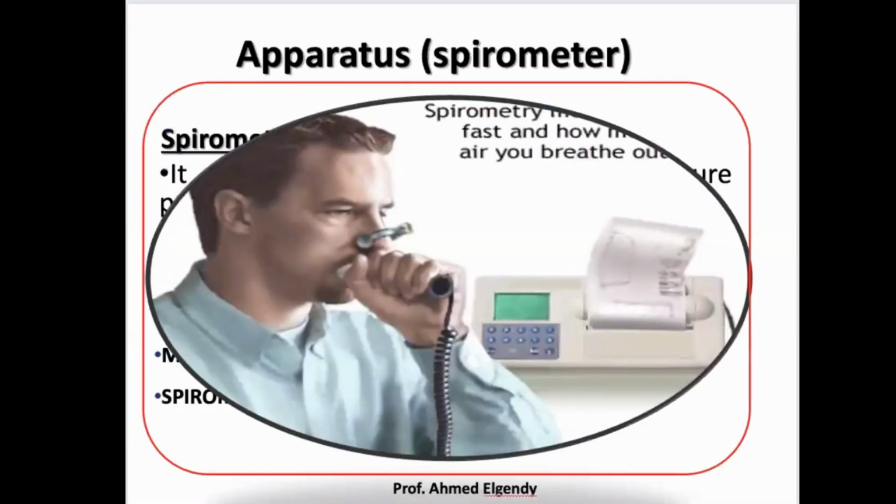So what is the apparatus for doing the pulmonary function test? It's called a spirometer, and this process is called spirometry. There are many other pulmonary function tests, but today we are talking mainly about the spirometer.